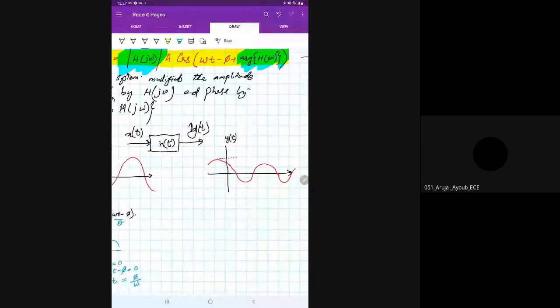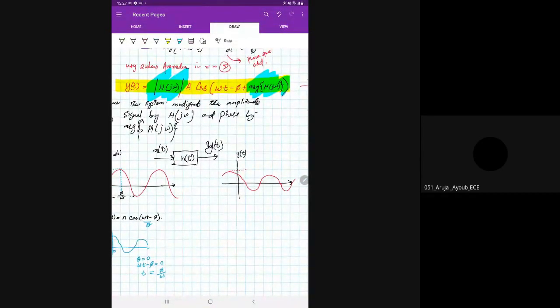So what is the amplitude here in the output? It is a times h of j omega. Amplitude should be a times h of j omega. Similarly from below the amplitude will be minus a times h of j omega.